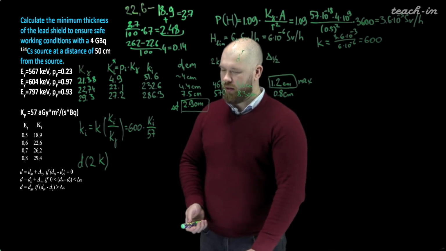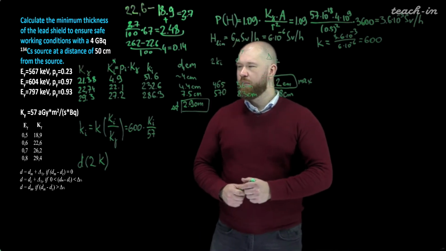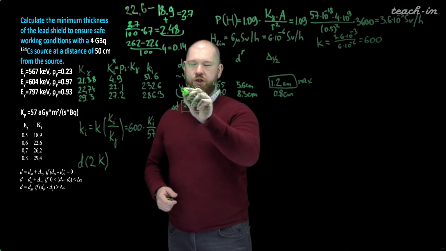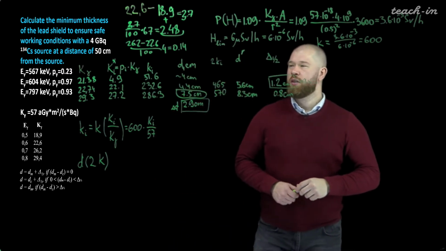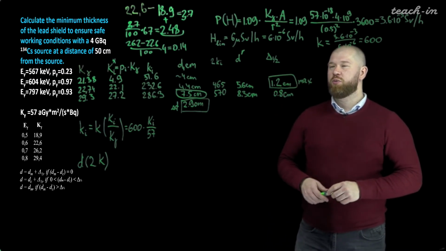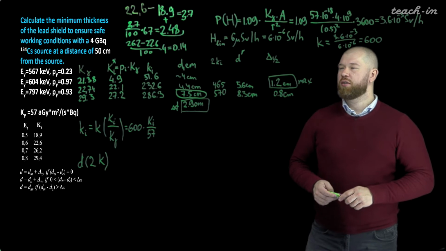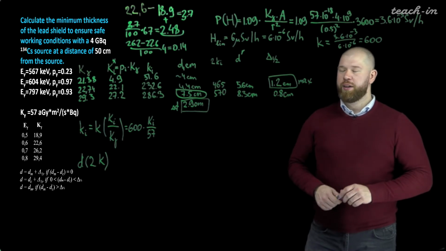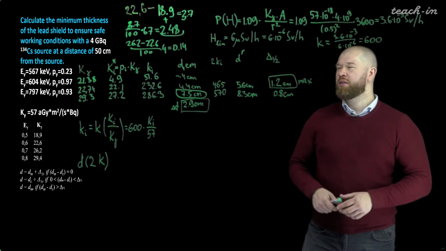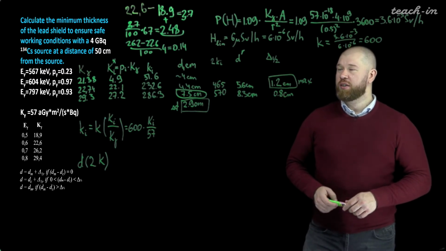So if we take the thickness of the lead shielding equal to 7.5 centimeters, it will be enough to ensure safe operation and to reduce all the doses, all the energies that are coming from other lines as well.